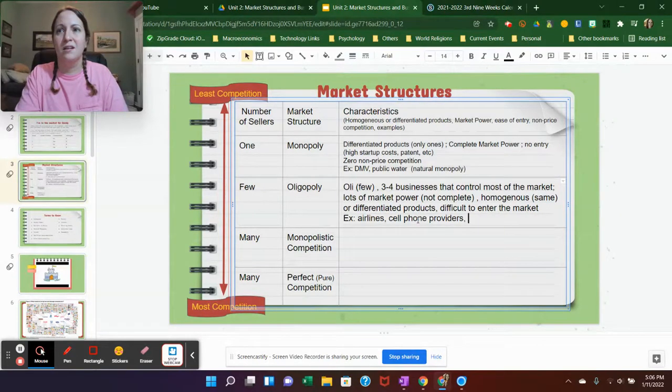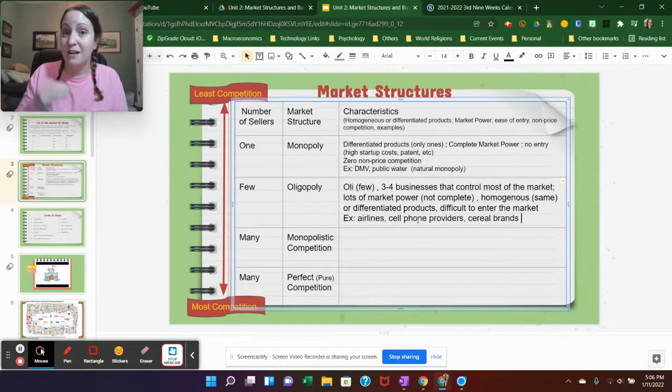Also, cereal brands is another example of an oligopoly. Basically, it's like General Mills and Kellogg's. That's really it. I mean, there's some others, but they're not going to control most of the market. You go in the grocery store, you look at the cereal aisle, you look at the brand. Yes, they sell lots of different cereals, and so that's an example of differentiated products.